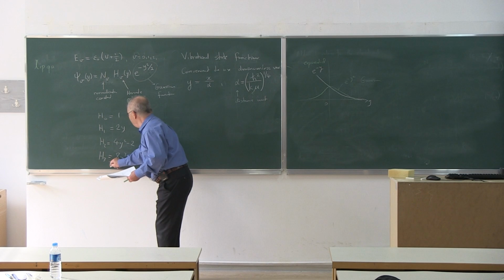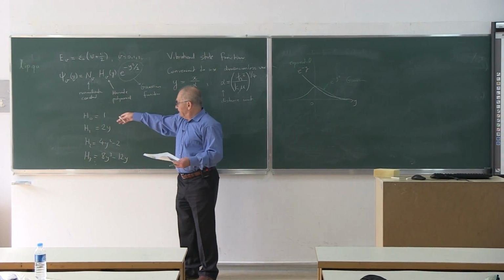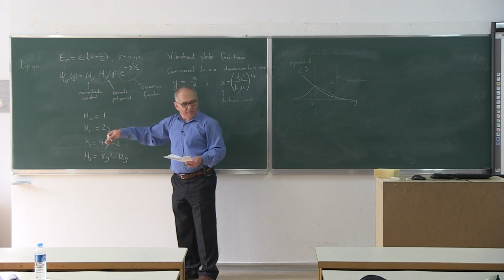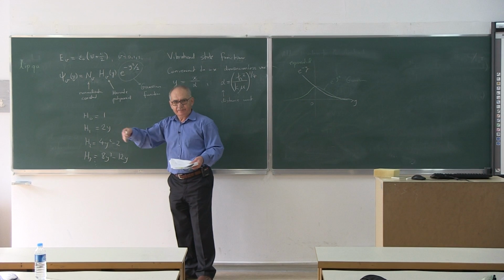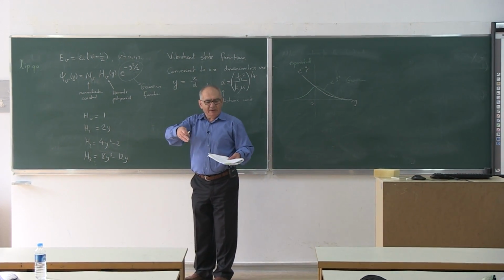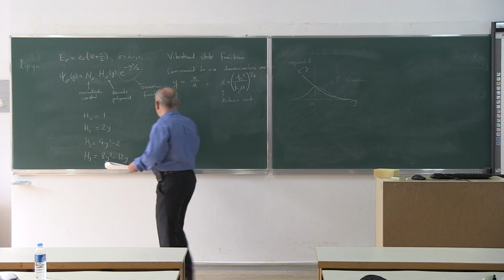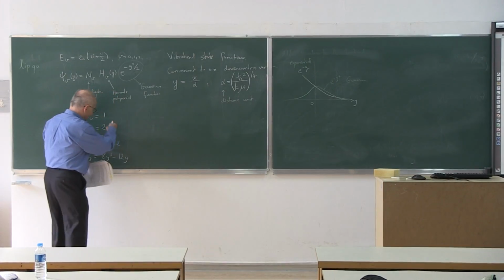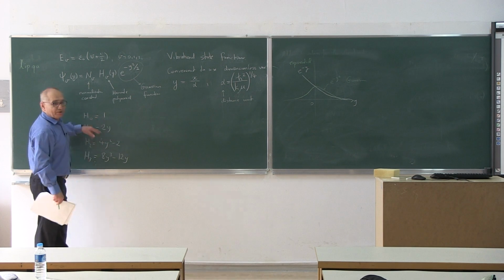These are a few of these, but of course there are expressions for larger values of V also. These can always be found from physical chemistry textbooks or mathematical textbooks or from the internet. What is significant about these expressions? You see that these are polynomials.